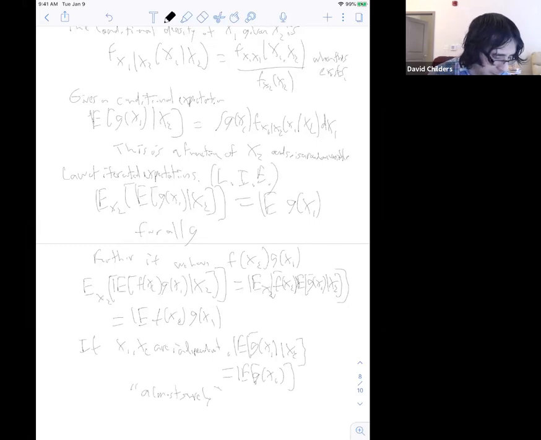What that means is that the probability that these two things are equal to each other, because the first is a random variable, equals 1.